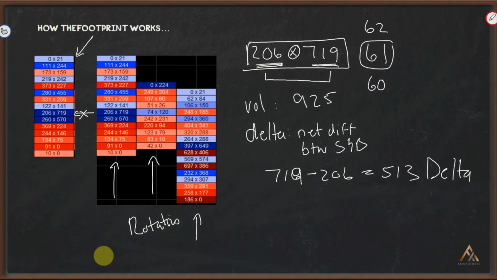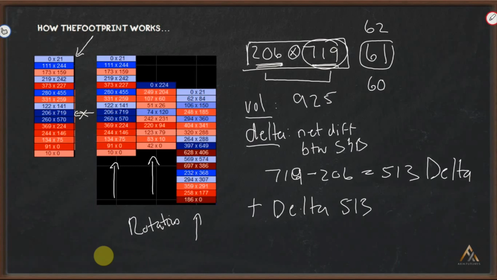The next statistic we take from that is what the delta was representing. Was it the buyer that won that price, or the seller? In this example, we can see there was more buying interaction than selling interaction at this price. Therefore we get a positive delta, a positive delta of 513.